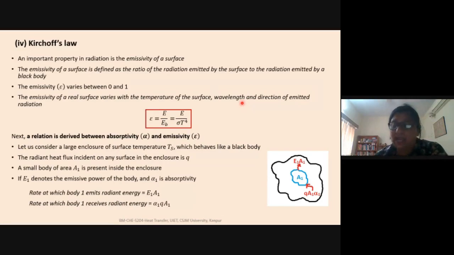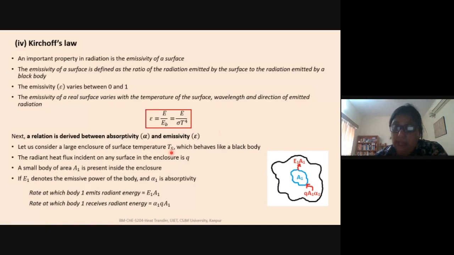Now let us understand how we can develop a relationship between absorptivity and emissivity. Let us look at this figure for this purpose. This black outer line is not a fixed shape, it's an unknown kind of shape. This is an enclosure. This enclosure has a surface temperature equal to Ts, and behaves like a black body.